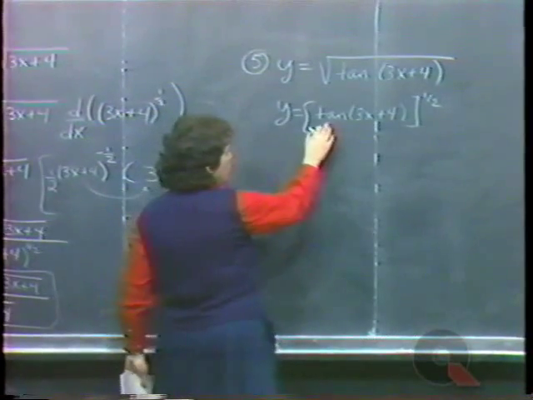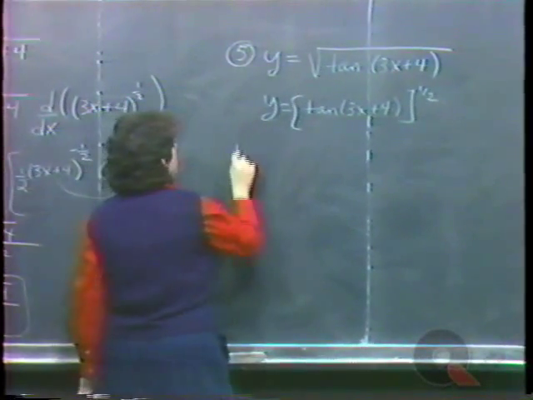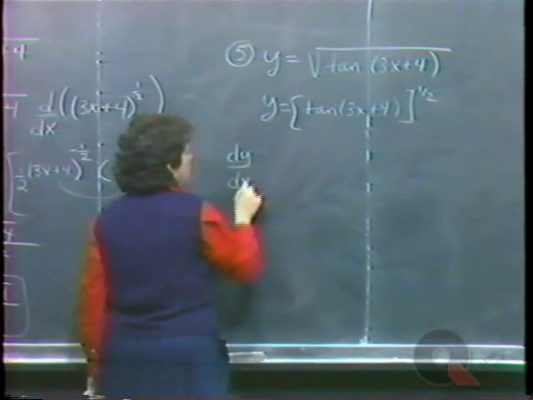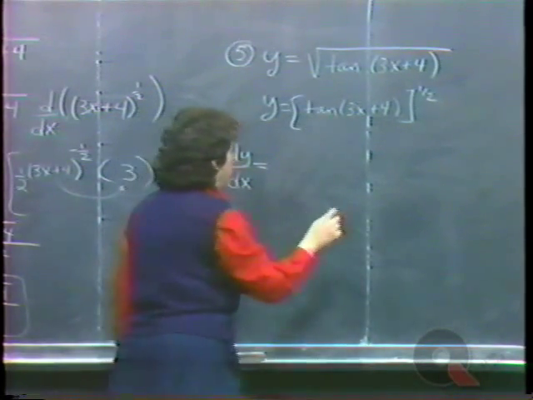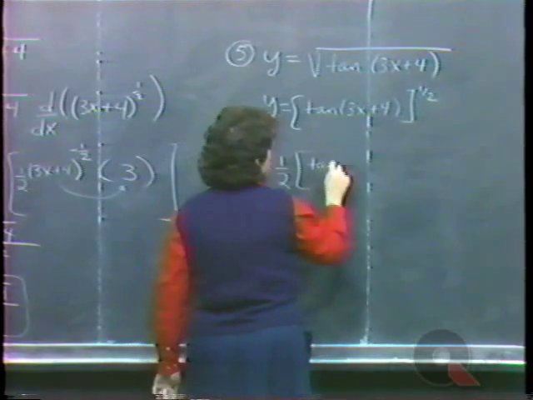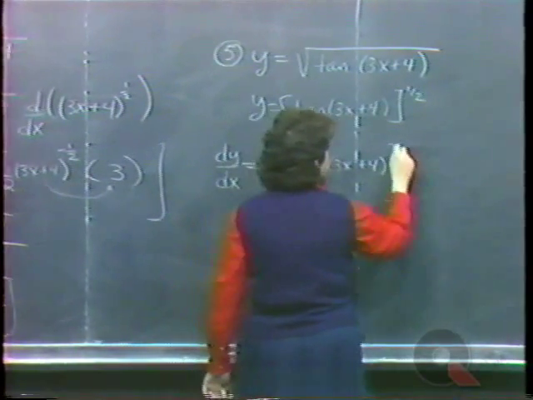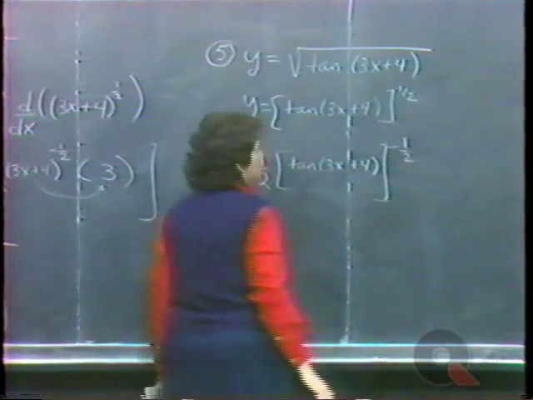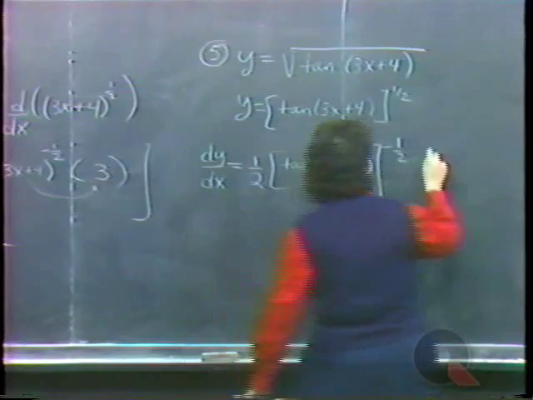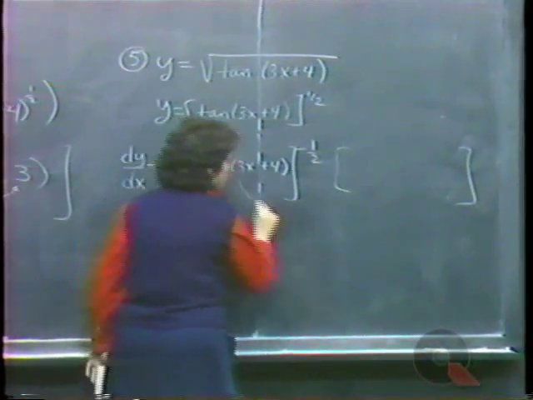So for the moment, ignore the fact that we have a tangent. Just think of this as something to a power. The derivative of something to a power is the power times the function to the 1 less power, 1/2 minus 1 is minus 1/2, times the derivative of the inside.